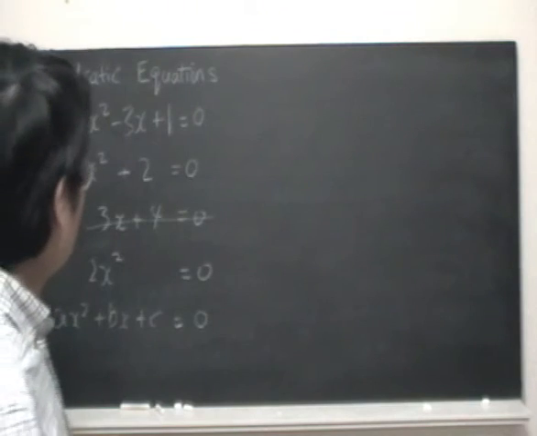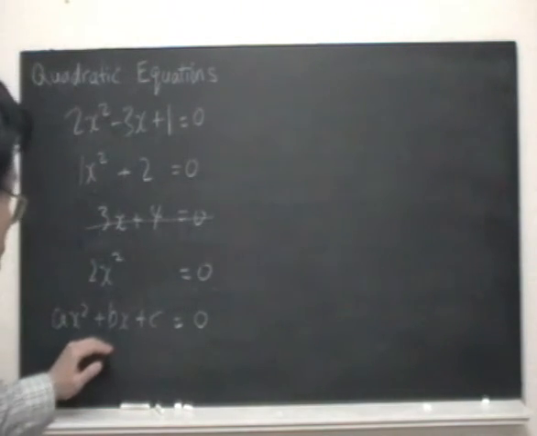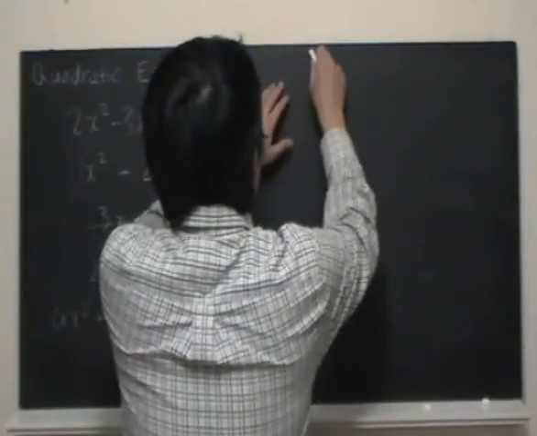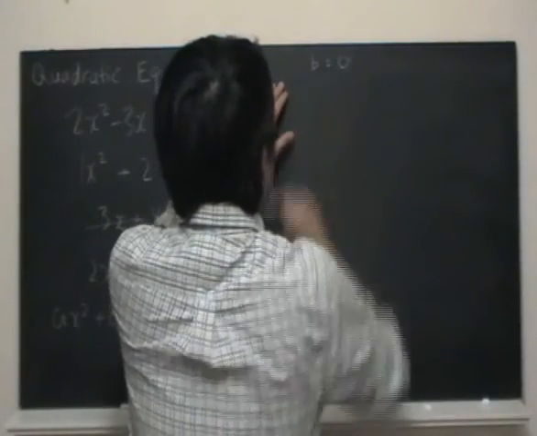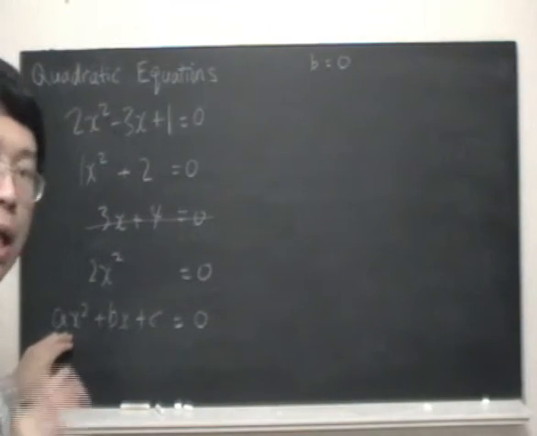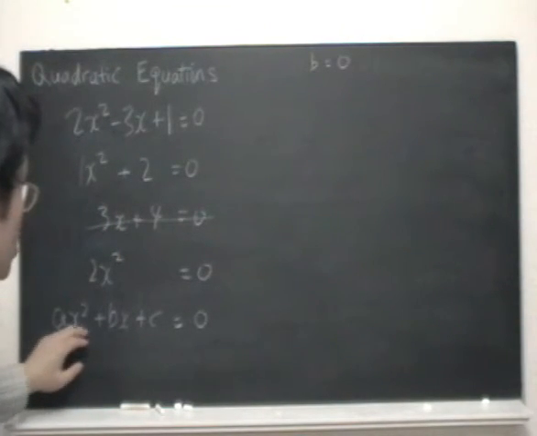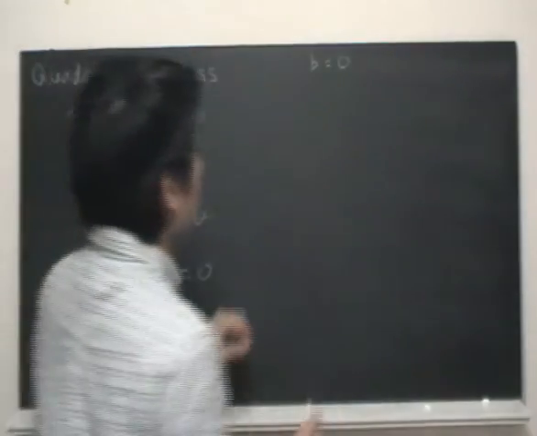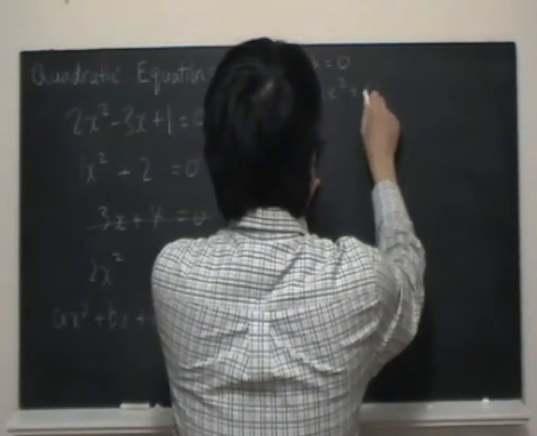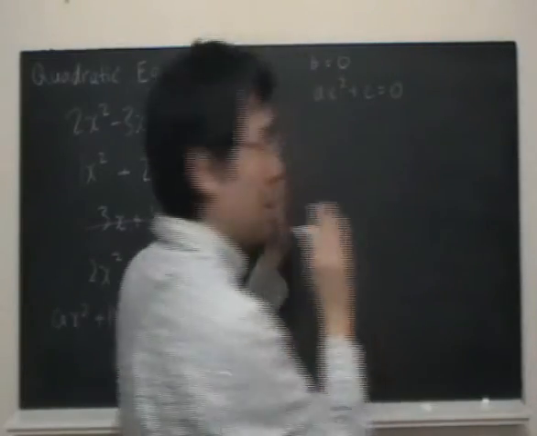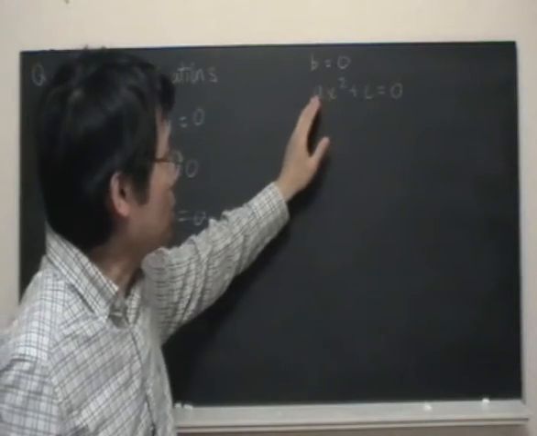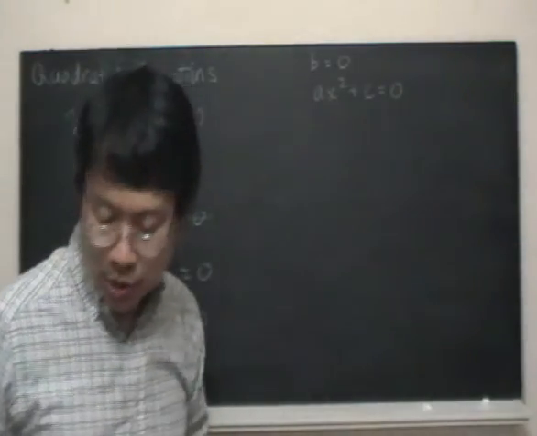Let's take a look at the type of quadratic equation where the b is 0. If the b is 0, we are left with ax squared plus c. So let's look at this type of equation where we have x squared and just the a and the c.